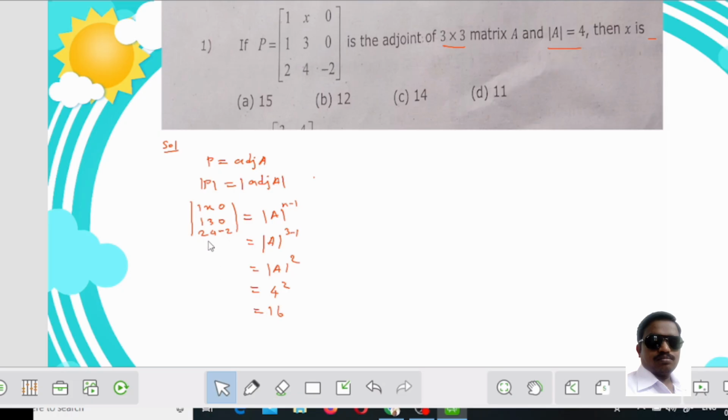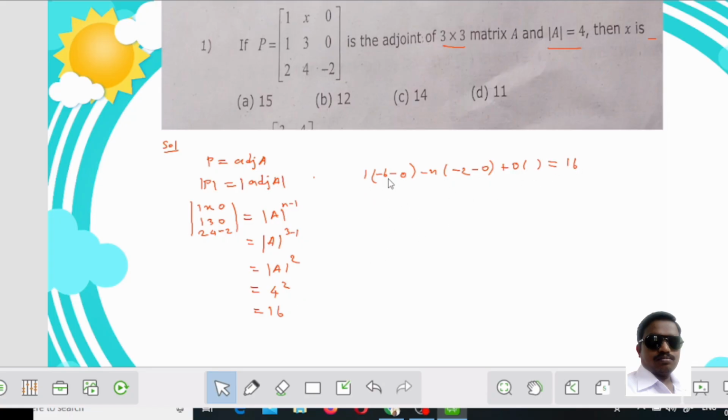Now you have to equate the determinant value to 16. Now you expand the determinant: 1 into leaving row and column, 3 into minus 2 minus 6, minus 0, and minus x into leaving column and row where x belongs, 1 into minus 2 minus 0, and the third term is 0, 0 into whatever it is 0, so you equate this value to 16.